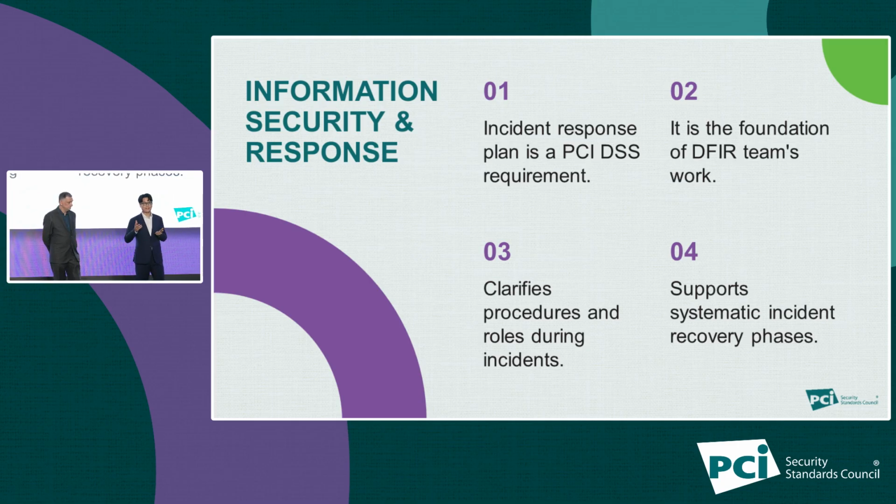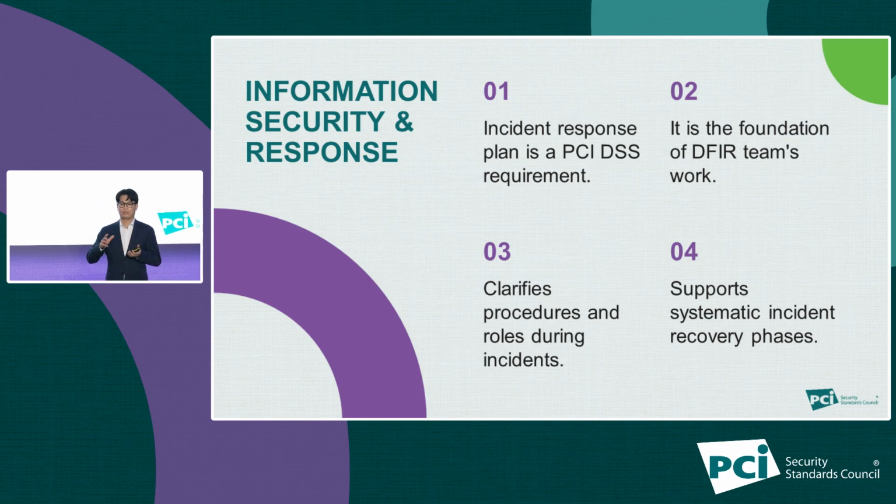They also ask for an important thing: ensuring all relevant personnel are aware of it. I would also like to point out that requirement 12.10 directly mentions incident response plans. Requirement 12 is a very important requirement, I think. Then how is it related to DFIR?